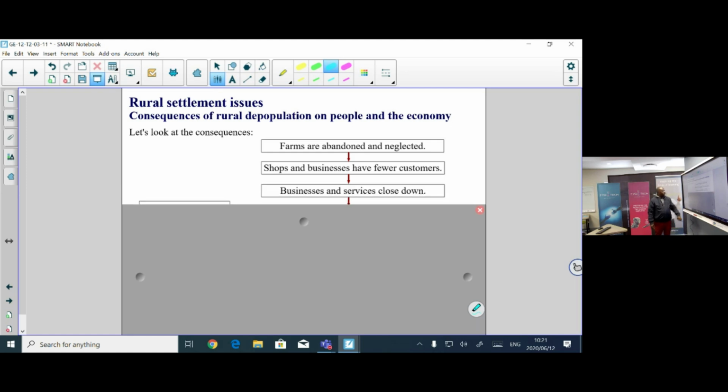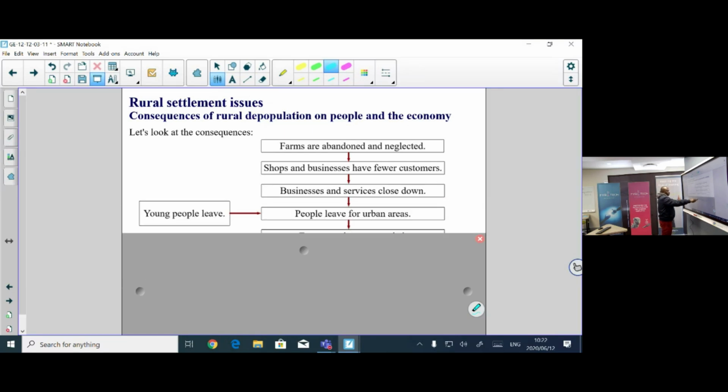So this is actually a ripple effect, and it's actually affecting all the other industries. When the farms are abandoned, there are no more people to buy and businesses have fewer customers. And then when businesses have fewer customers, the businesses and services have to close down. So this is what we may call the domino effect.